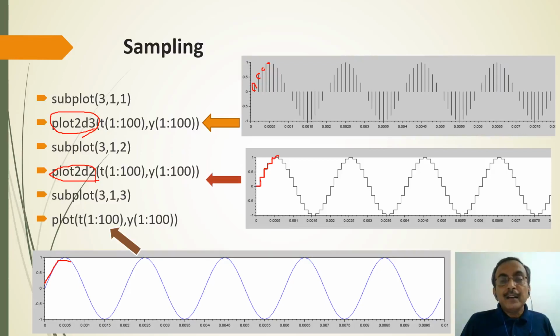If we reduce the sampling frequency, that means these samples will be further away and we will have a lesser number of steps in a cycle, and then the approximation will be poor. So this is where we are doing the sampling and quantization, and we ultimately get our digital signal, which is a smooth version, which is shown over here in the third plot, that is subplot 313.